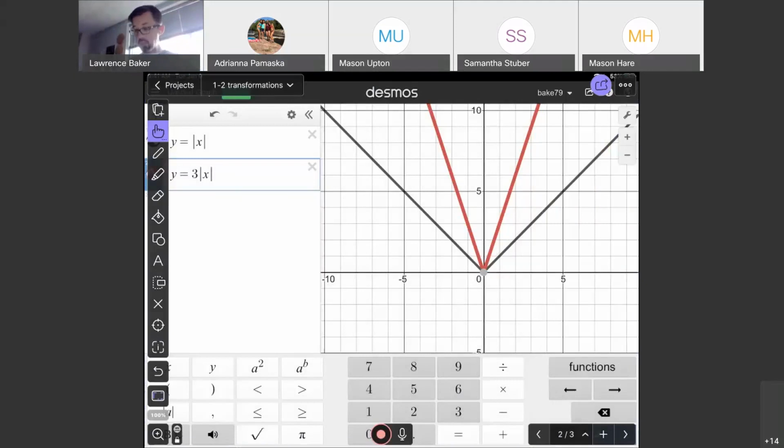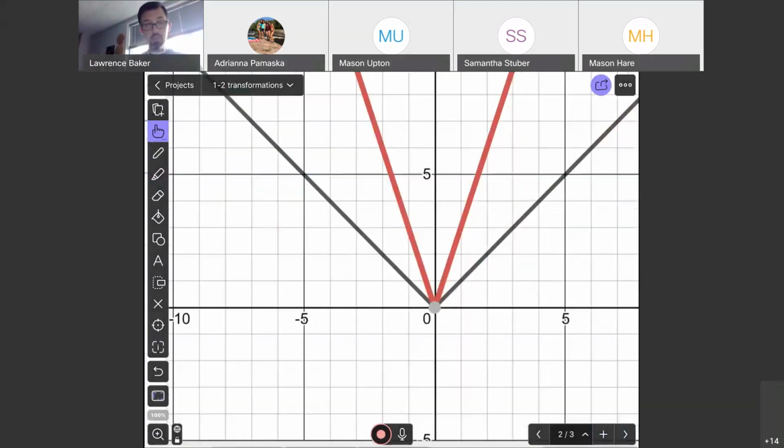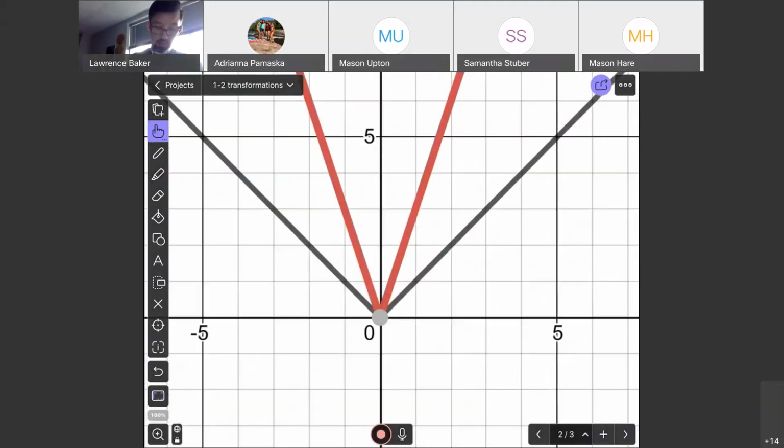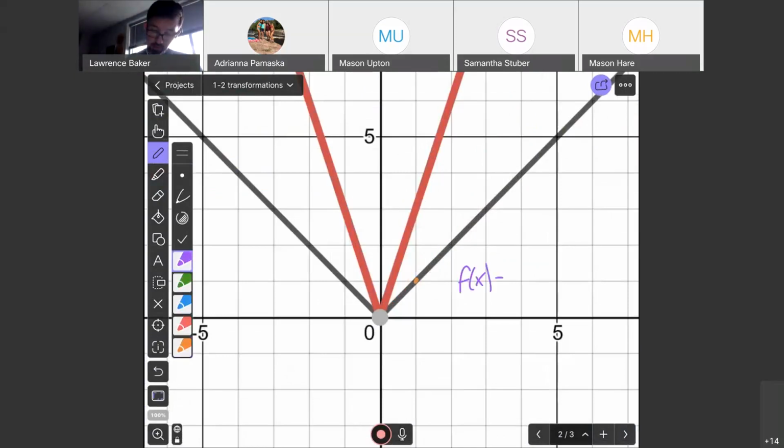If we think about a point on that original graph, say this point right here, 1, 1. If f of x equals the absolute value of x, when I plugged in 1 as my x value, the absolute value of 1 is 1, so I got 1 back out.